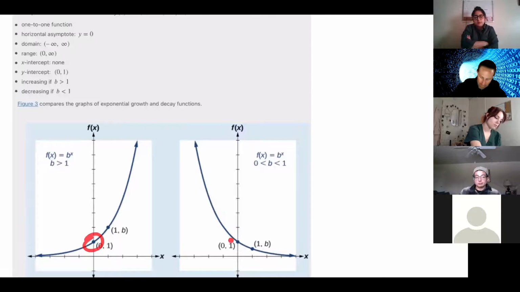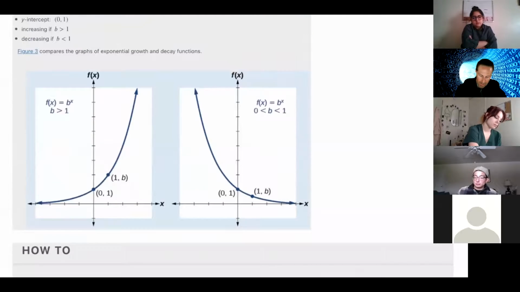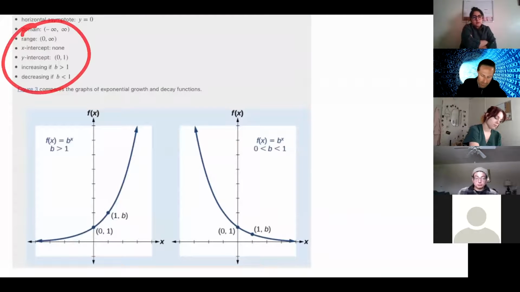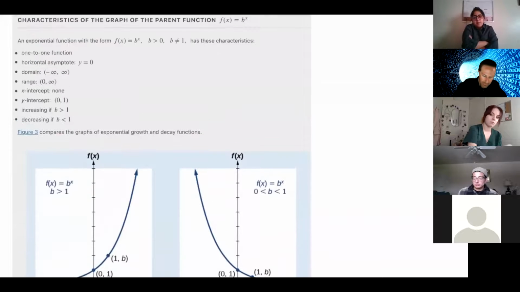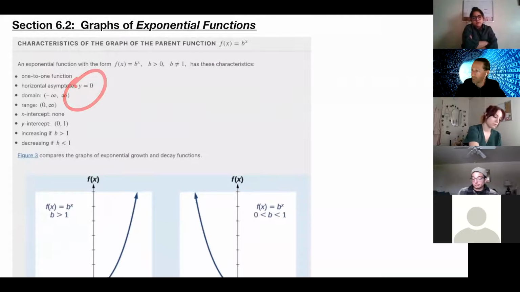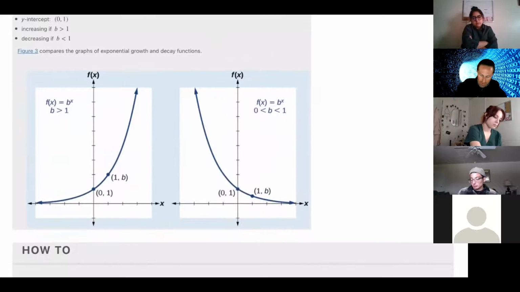Notice that one point that it always goes through initially is that 0 for the x, which equals 1. Okay? Talked about the domain and range and all that stuff up here as well. Horizontal asymptote, just as a reminder. Okay? Base has to be positive and not 1.